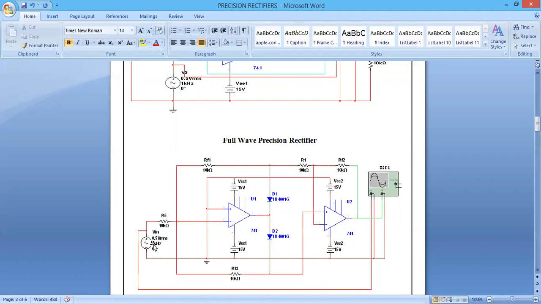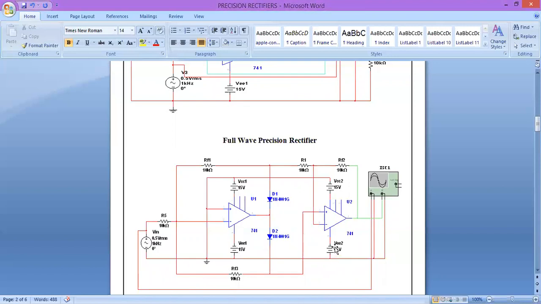And here the sinusoidal input signal is connected to the inverting terminal of IC741. Here the resistors R5, R5, RF1, R1, RF2, all these are the feedback resistors for the IC741 op-amp. And here you can see two diodes that are used for the rectification of the positive half cycle and even for the negative half cycle.